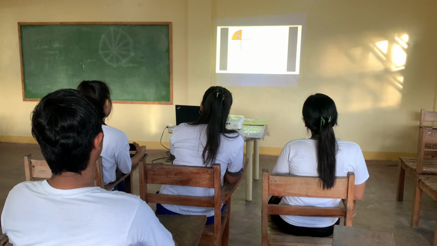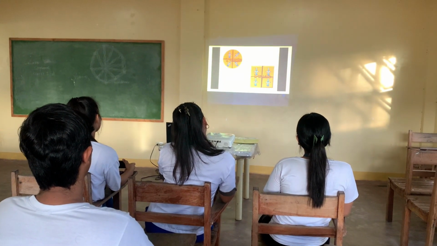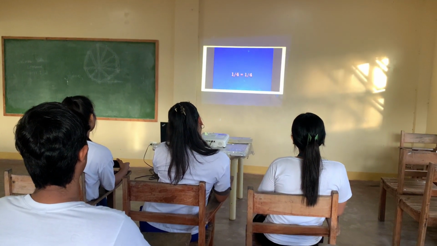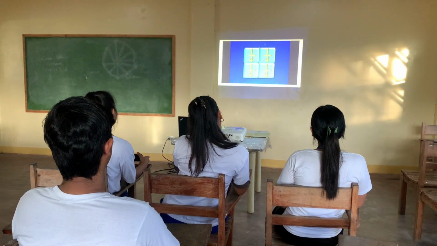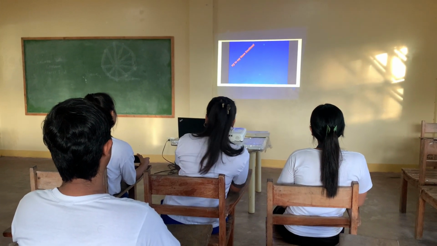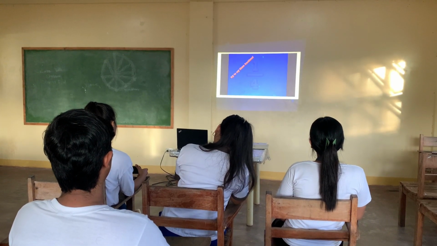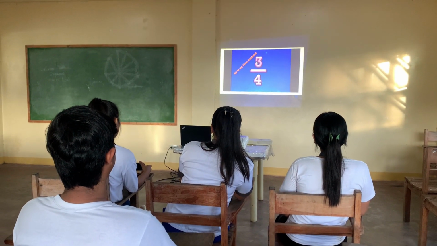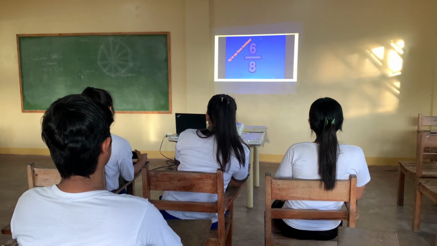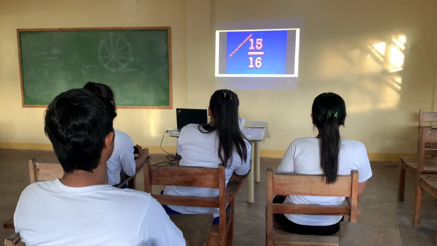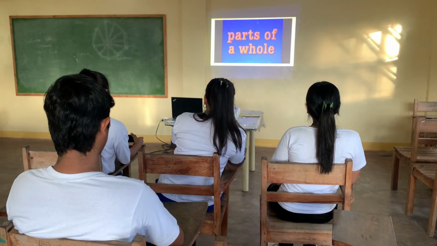Quarter circle, quarter square. 1/4 plus 3/4 makes one whole right here. And a quarter is a quarter, big or small. It takes 4/4 to make one whole. Try to say these fractions. 1/4. 3/4. 6/8. 15/16.